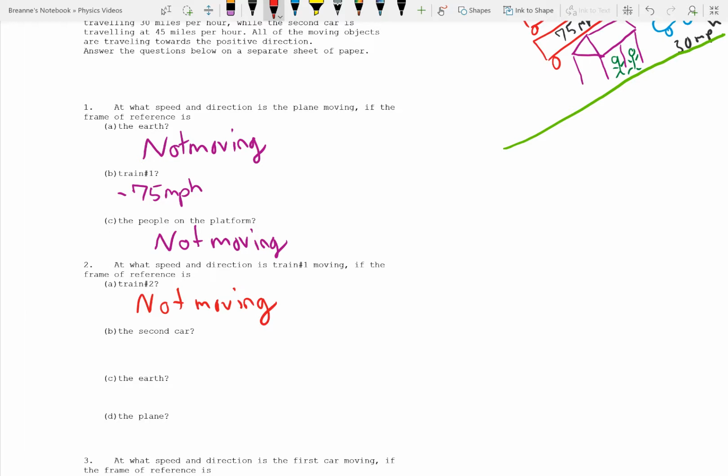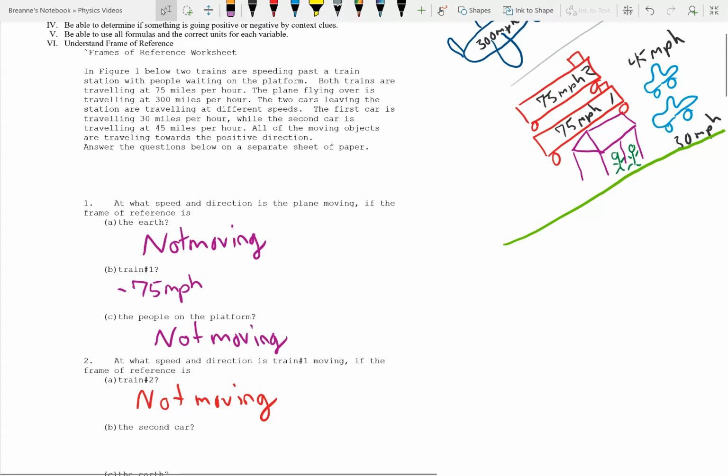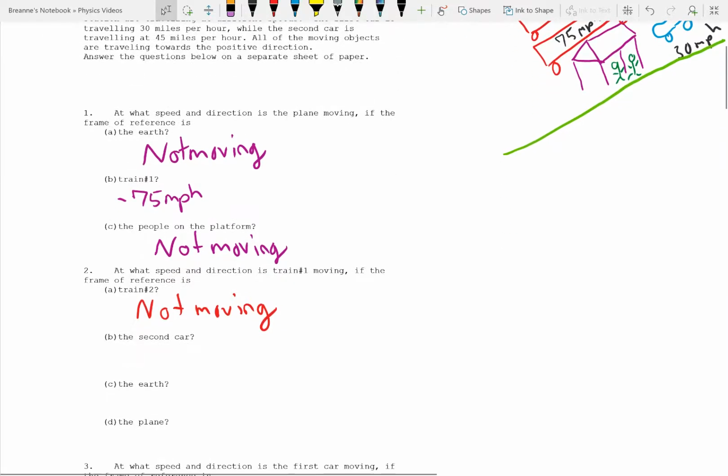Okay, the second car. Again, I forgot the label. So car 1, car 2. The second car is moving at 45 miles per hour in the same direction as the train. Since they're moving in the same direction, you have to figure out what the difference is.